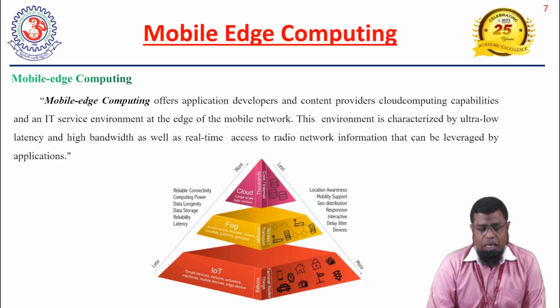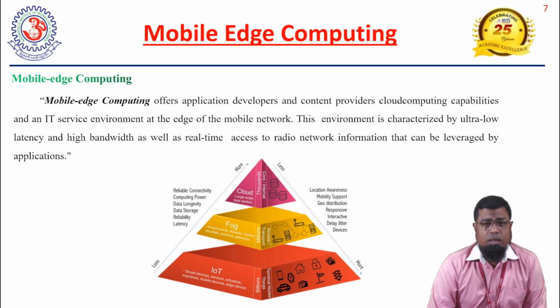On the left hand side, there are some parameters or characteristics mentioned. The left hand side parameters will keep on increasing as we move from bottom to top. For example, reliable connectivity. We are talking about reliable connectivity.